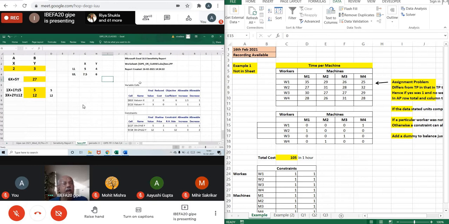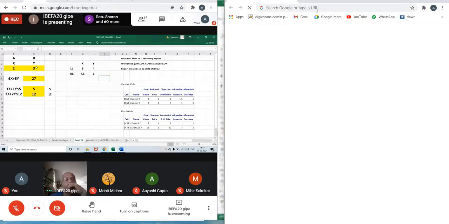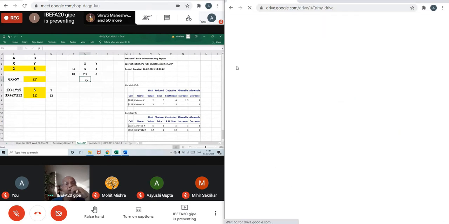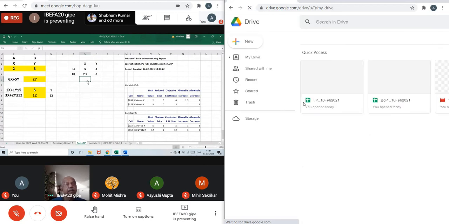Let us see what's happening now. If X is 5, and 2 and 3, how much will be the profit you are going to get? 2 fives are 10.